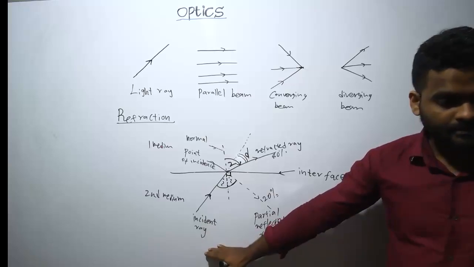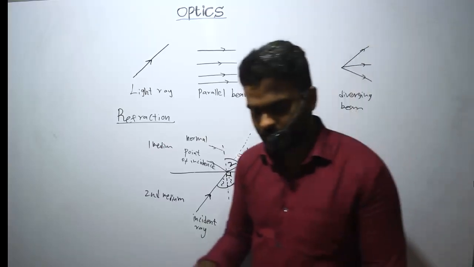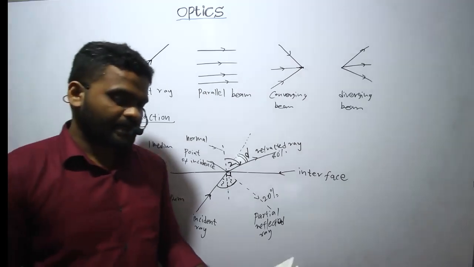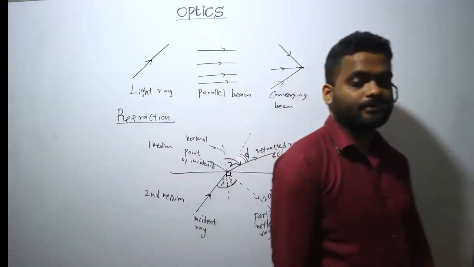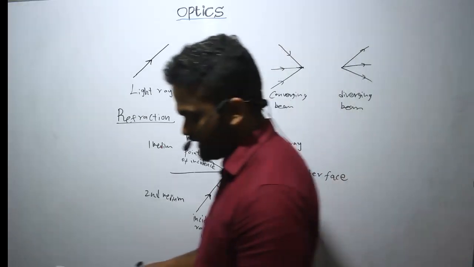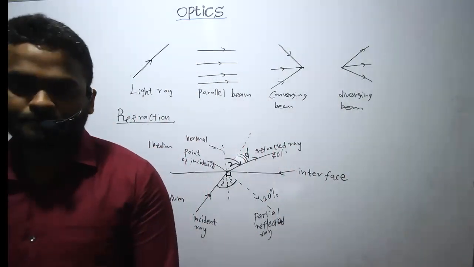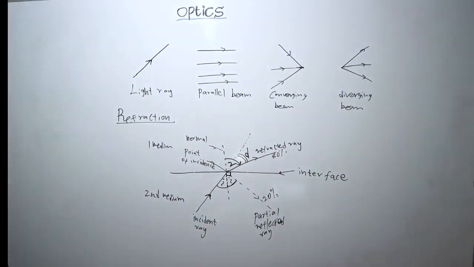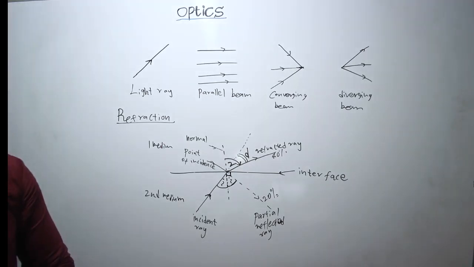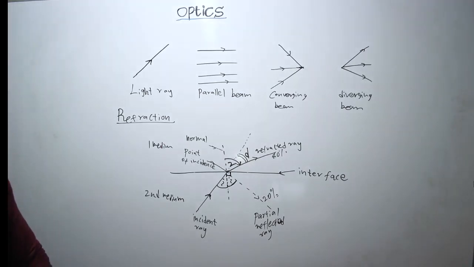Under this, write down reason for refraction is change of speed of light.